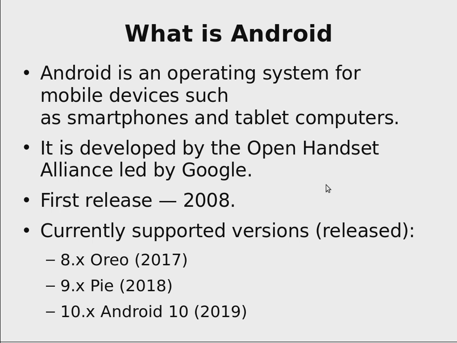What is important about Android is that it is an open source operating system for mobile devices. In theory, you can put it on other systems as well; in practice, I have not had many successful cases. The first release was in 2008. The current release is version 10 point something.